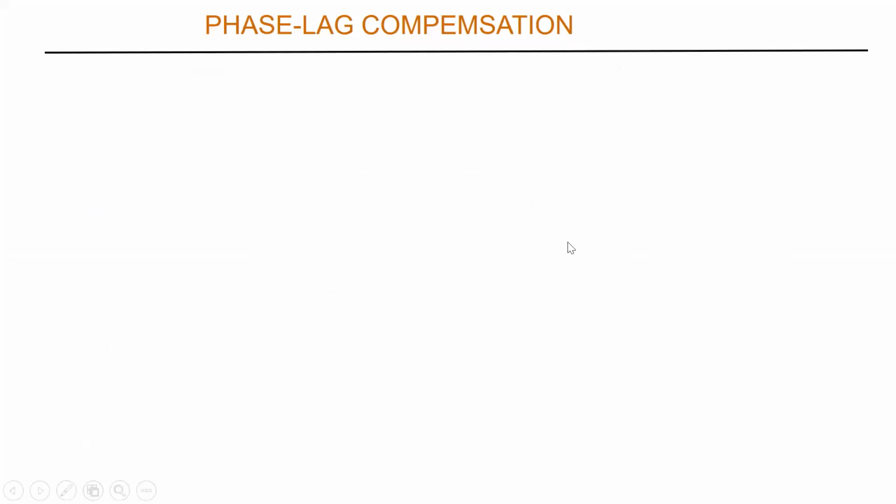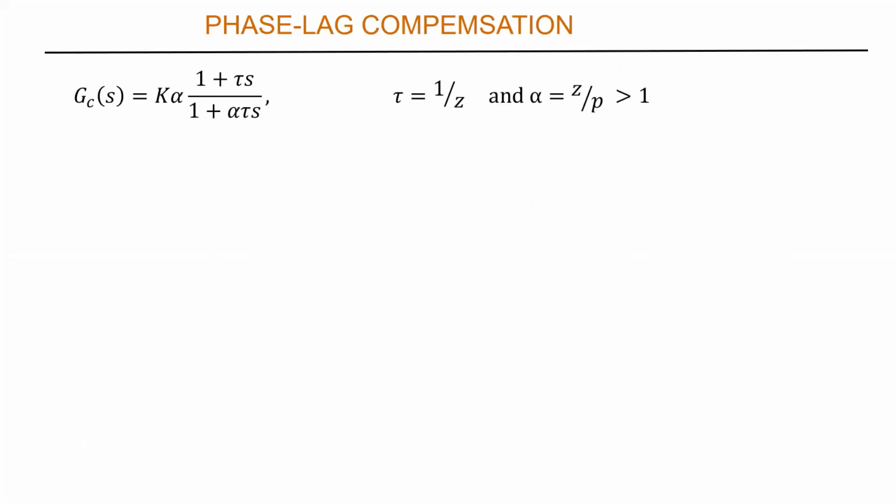As I said, today we are going to talk about the phase lag compensator. Last time we started it, but let's do it again. Remember the format of the phase lag compensator is this one: alpha (1 + tau s) over (1 + alpha tau s).